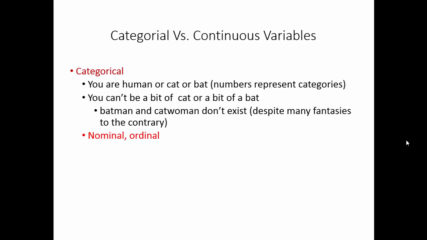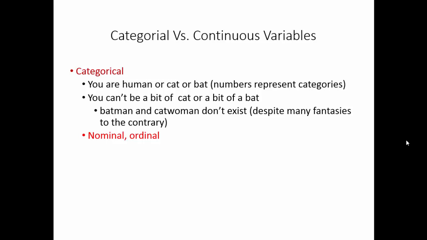They just represent that this individual was in this category, and this other individual was in this other category. So the numbers just represent categories. They don't mean anything in terms of one having more of this trait or anything like that. It's just a category. That's what a nominal variable is.